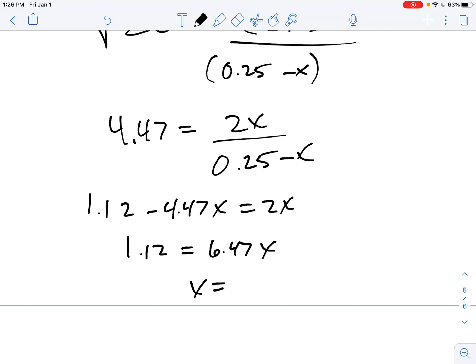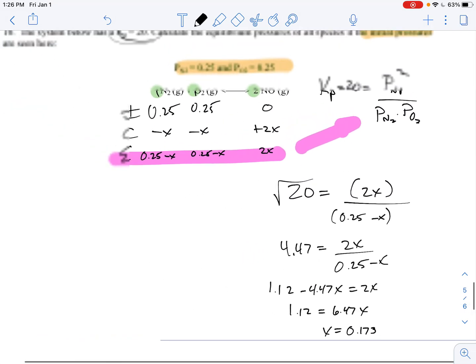So 1.12 is equal to 6.47x, or x is equal to about 0.173 if I have got my numbers right, and there's no guarantee that I did. Looks like I did, yes.